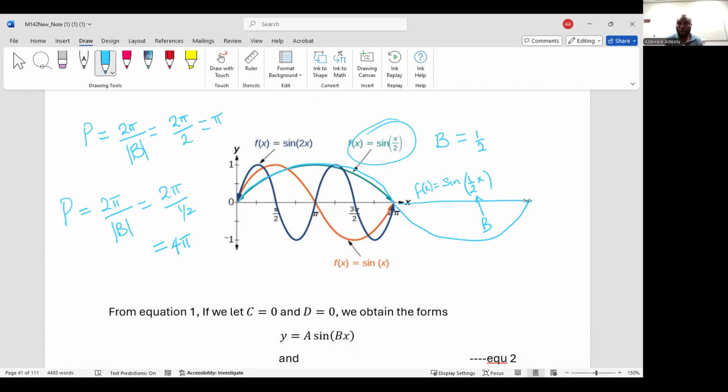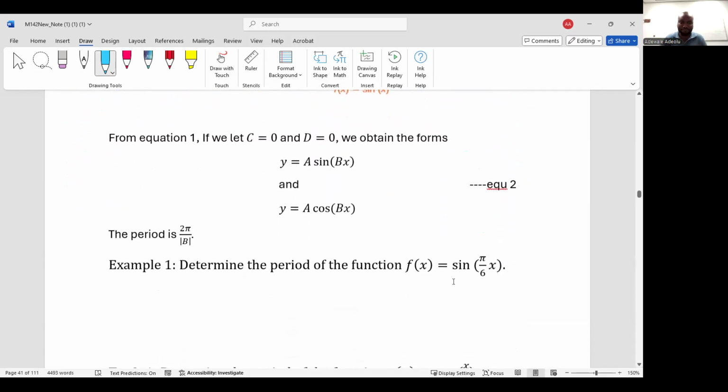The B is smaller now. When you are dividing 2 pi by a very small number, the period itself becomes bigger. That is, it takes a longer time for the function to complete one rotation. I hope that makes sense.